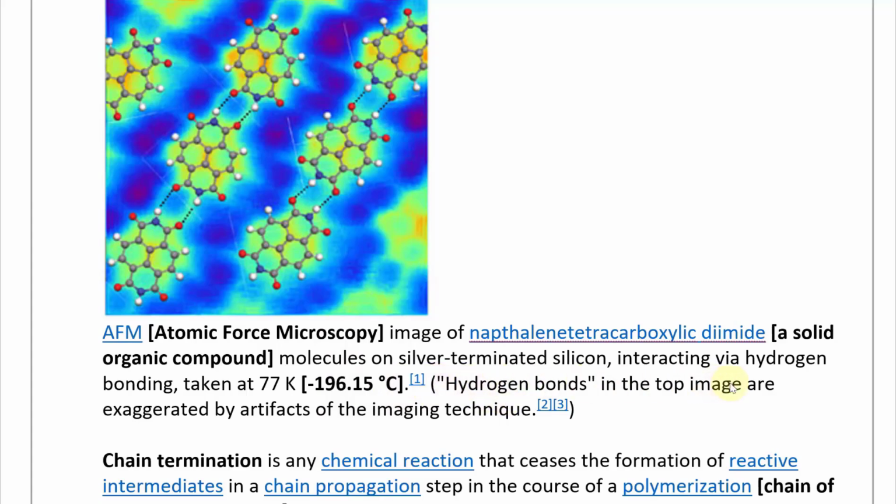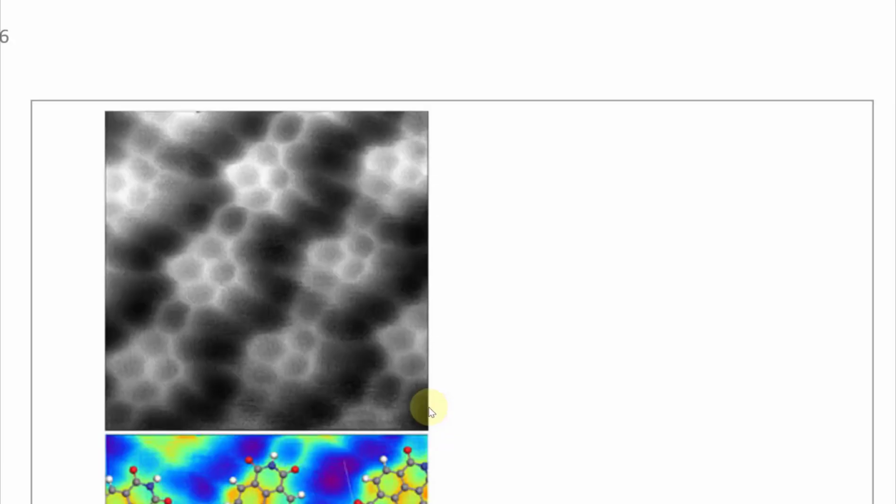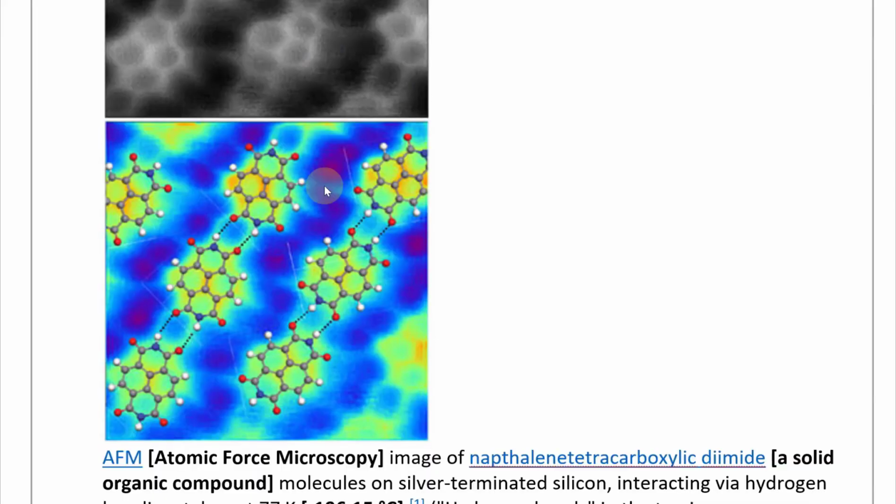And the quote: hydrogen bonds in the top image are exaggerated by artifacts of the imaging technique. So it's exaggerated by the technique, but you can have a view of them. There are the molecules and there are the hydrogen bonds across there.